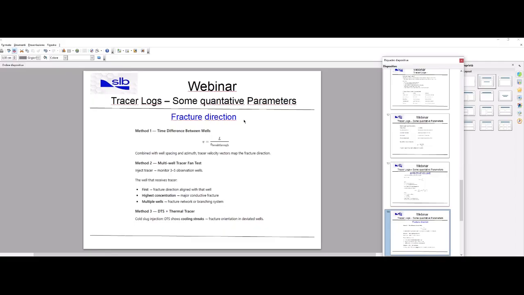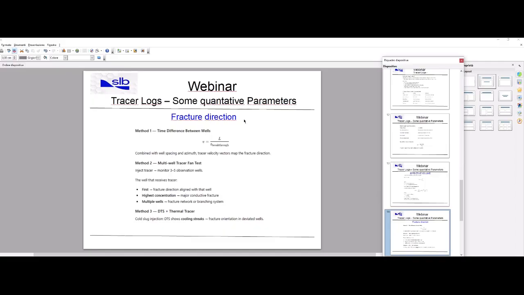So if you evaluate, for example, 100, 200 fractures, you can evaluate the main direction of fracture with this kind of logs, because you can put in the tracer, chemical tracer or radioactive tracer, and you estimate the main fracture direction.